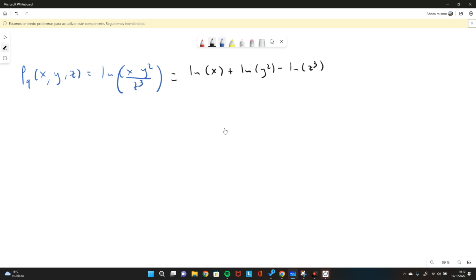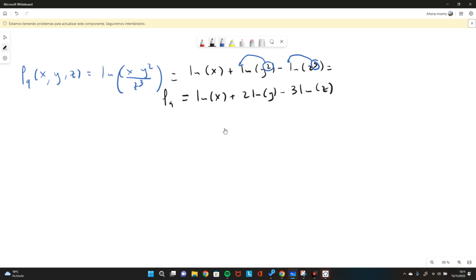And also, we can bring down these exponents and have them multiplying the logarithms. That's also a rule of the logarithms. And so this whole f9 becomes actually the logarithm of x plus 2 times the logarithm of y minus 3 times the logarithm of z.